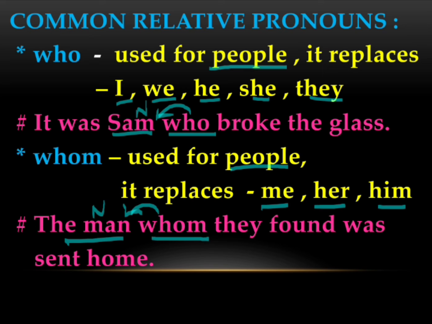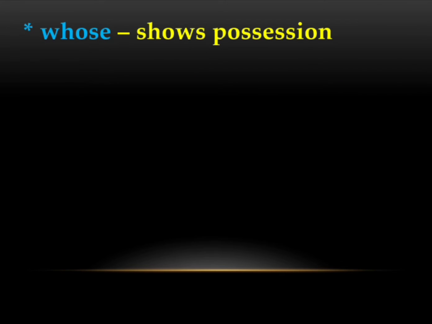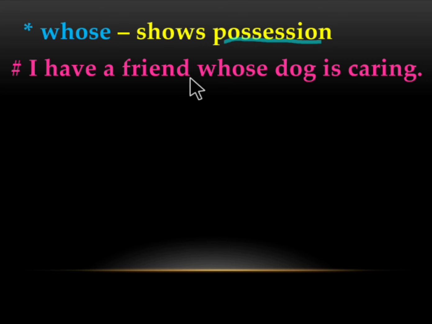The next one is whose. Whose shows possession. Possession is belongingness. I have a friend whose dog is caring. So, friend is the noun, and this whose shows the belongingness of the friend.